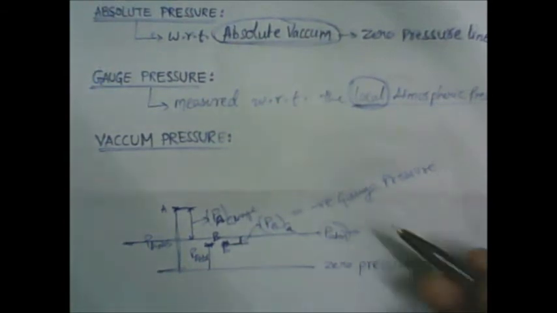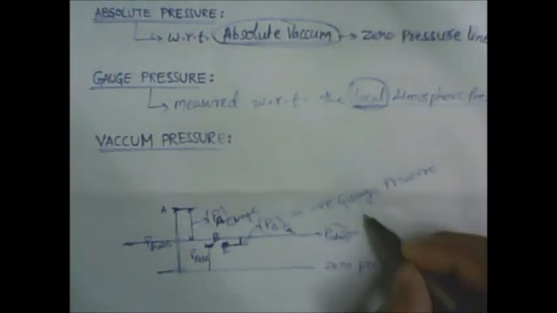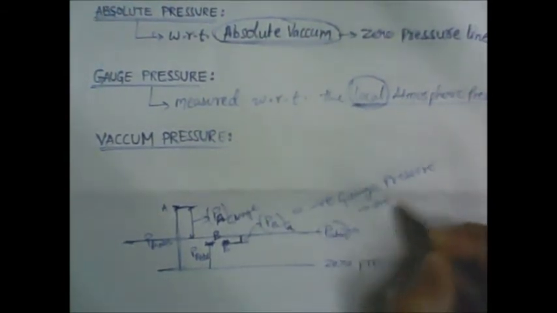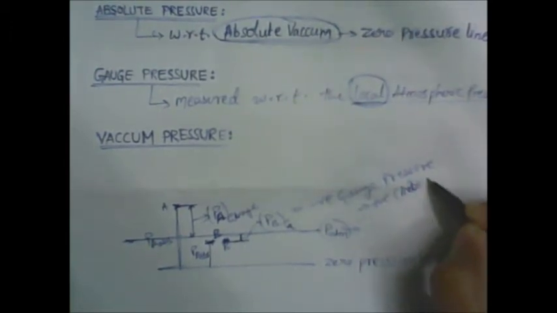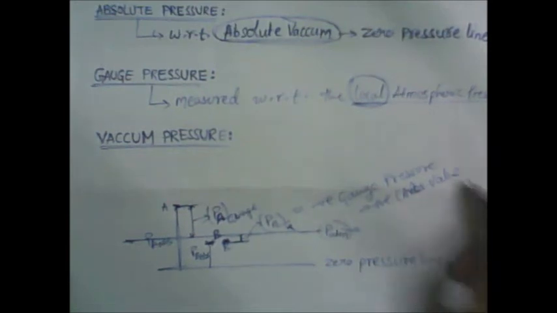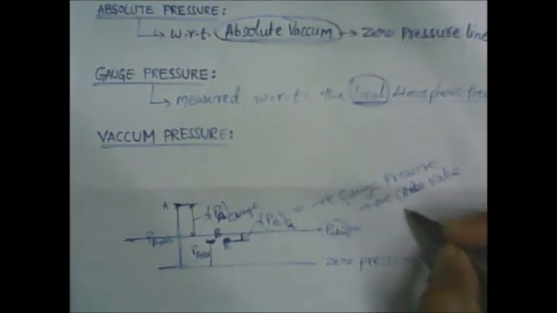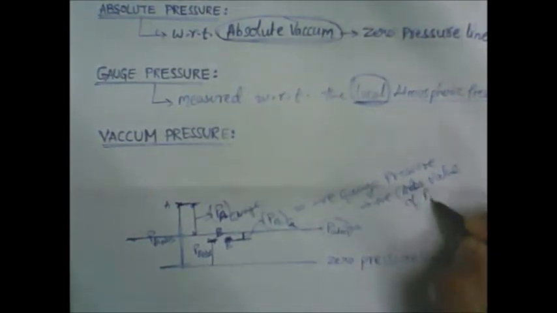When we take the magnitude of Pb gauge as a positive value, we call it vacuum pressure.